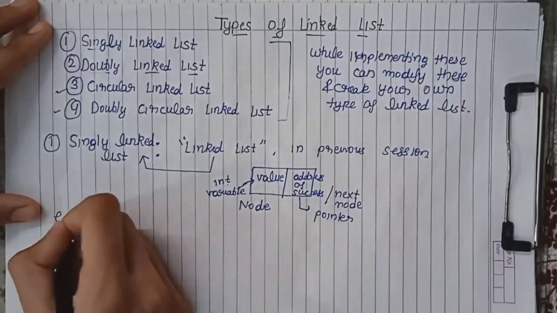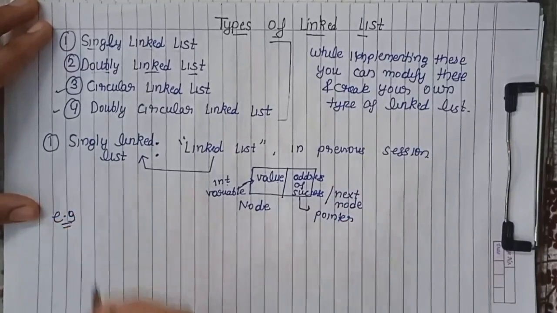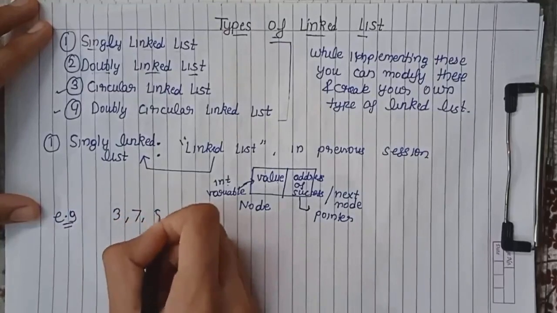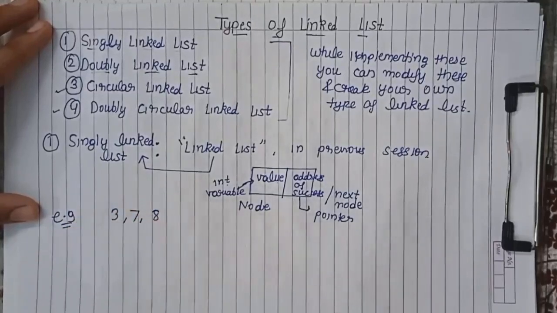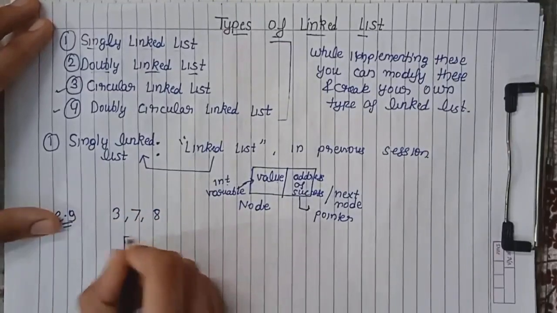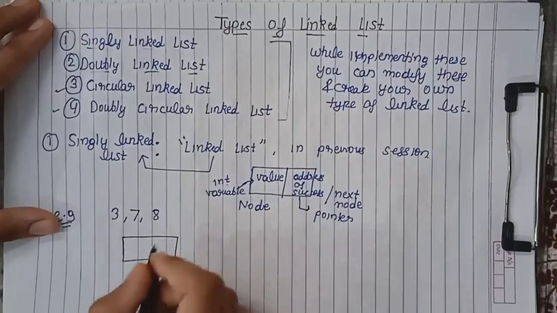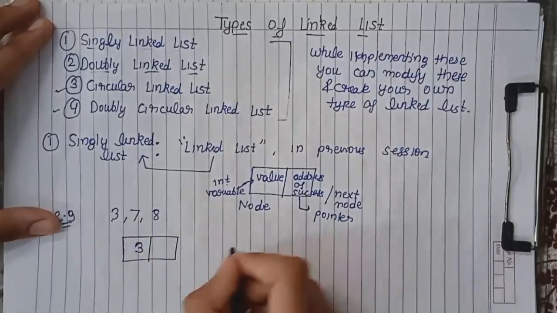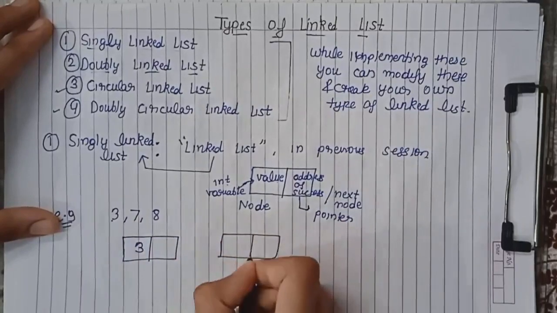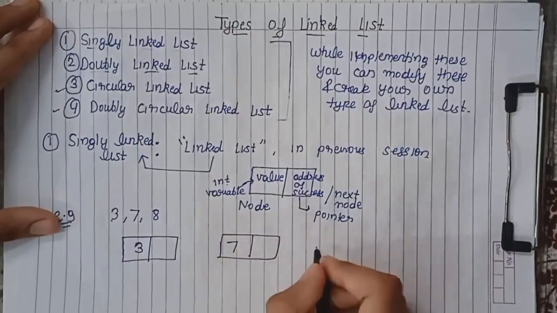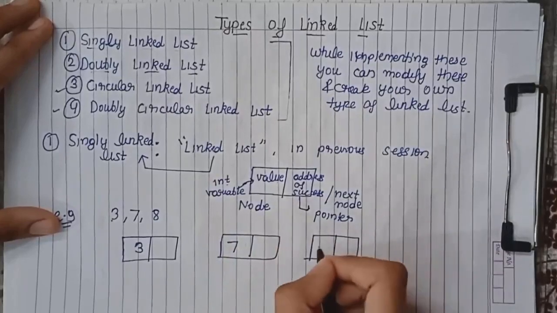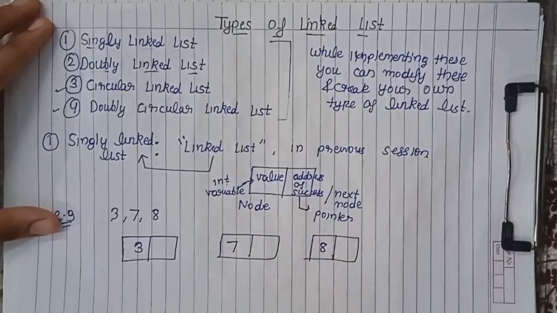If I give you an example of the singly linked list, if the linked list contains 3, 7, 8 as its members, then in the first node I will have the first member 3, in the second node the second member 7, and in the third node the third member 8.